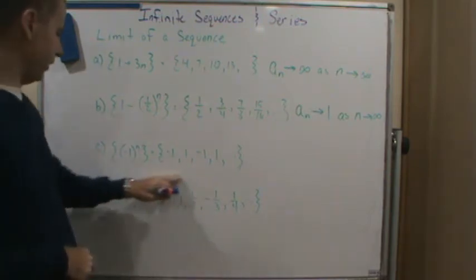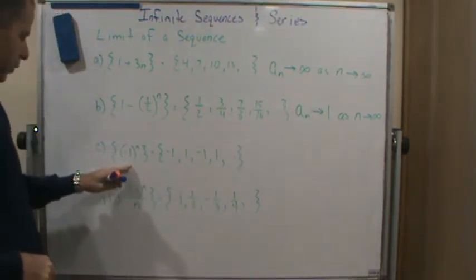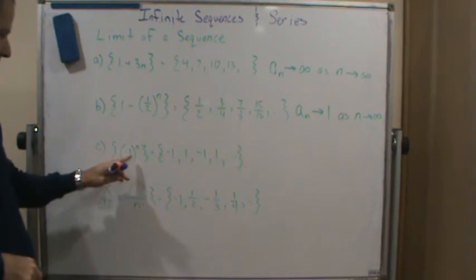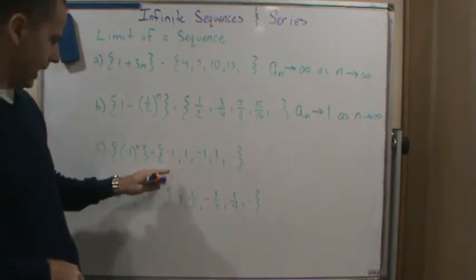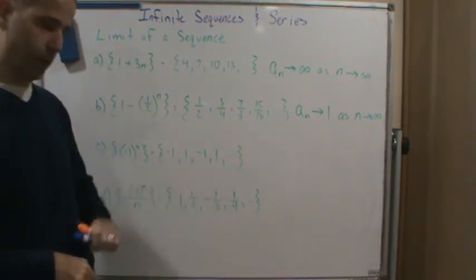Now what about this one here? We've got this alternating sequence, -1 to the nth power, and all we have is -1, 1, -1, 1.